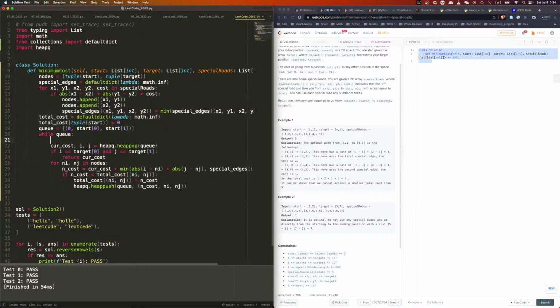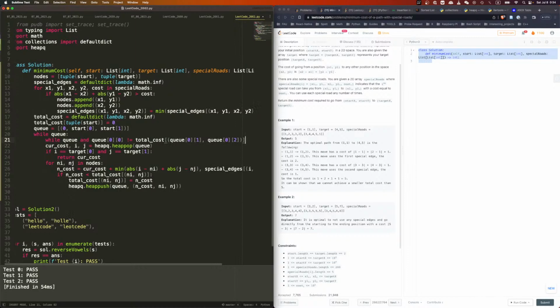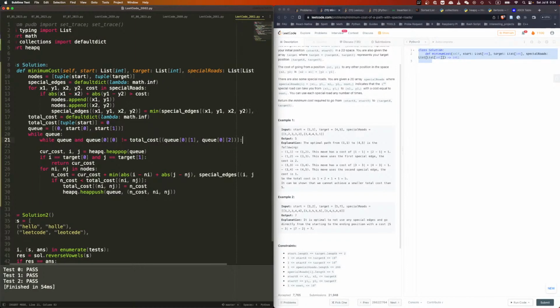And of course, we should say while q and q[0][0], the cost, if it's not equal to the total cost of q[0][1], q[0][2], then this means it's wrong, right?